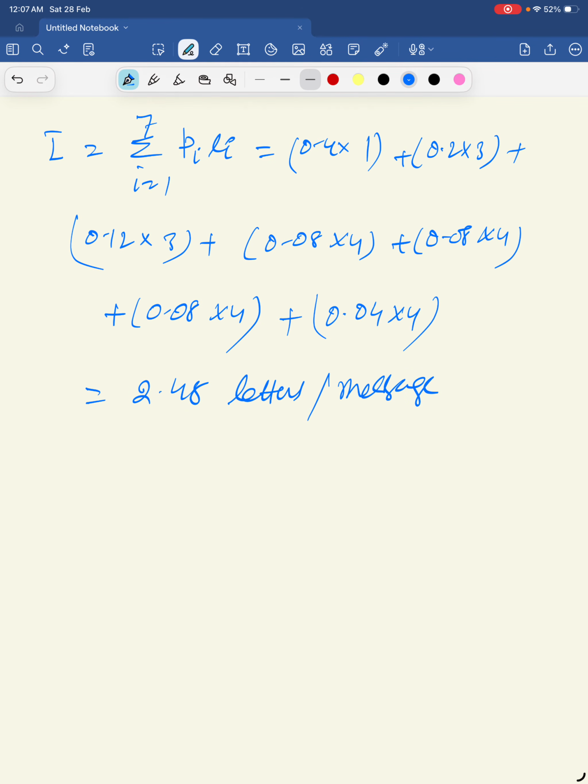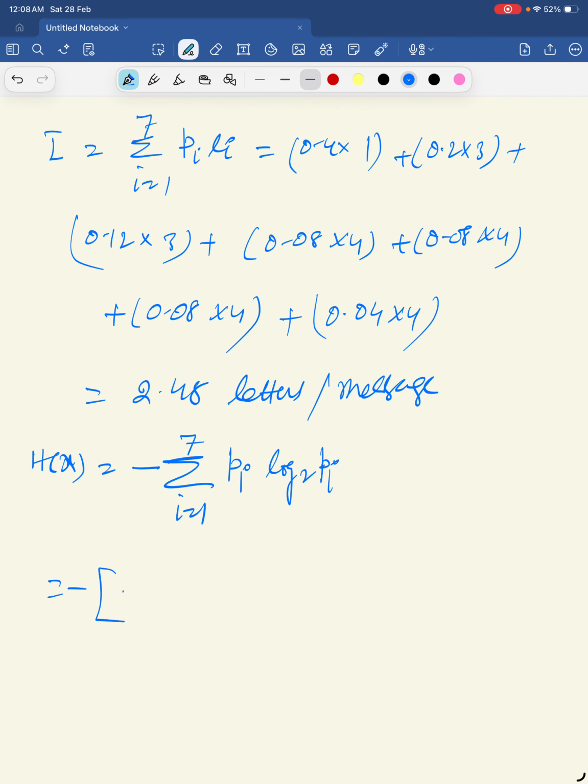Now we will calculate the entropy. Entropy H(x) is equal to, the formula we know, minus the summation from i is equal to 1 to 7 of Pi log to the base 2 of Pi.